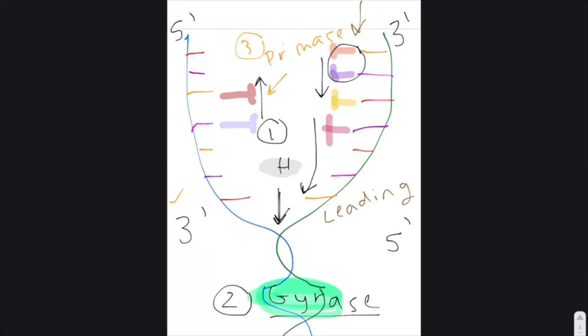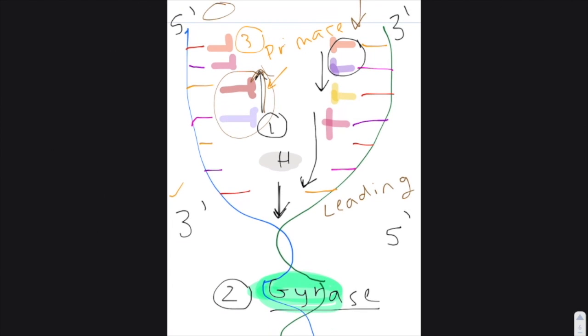If we look at this other strand, primase laid down those RNA nucleotides here, but the daughter strand is building in this direction. So DNA polymerase 3 is building. Uh-oh, it ran out of room. There's no more nucleotides up here for DNA polymerase 3 to build for the daughter strand, and the DNA is unzipping in this direction.